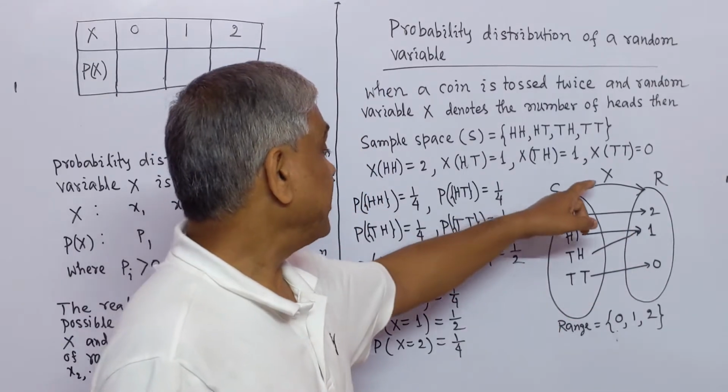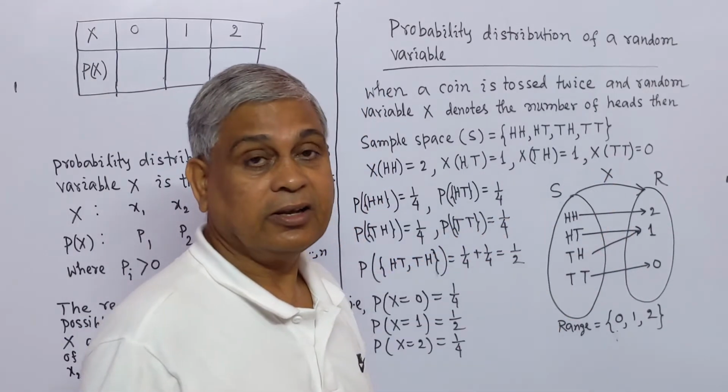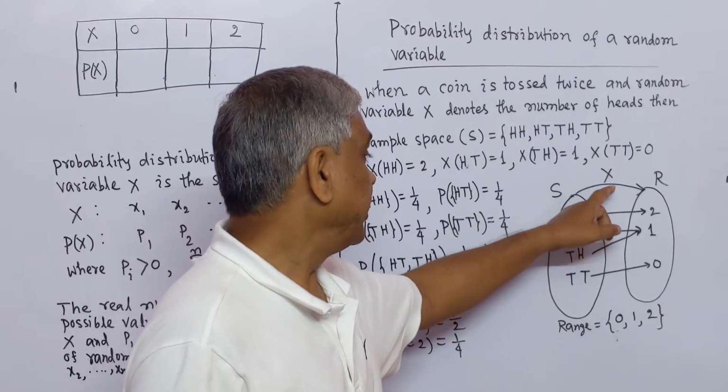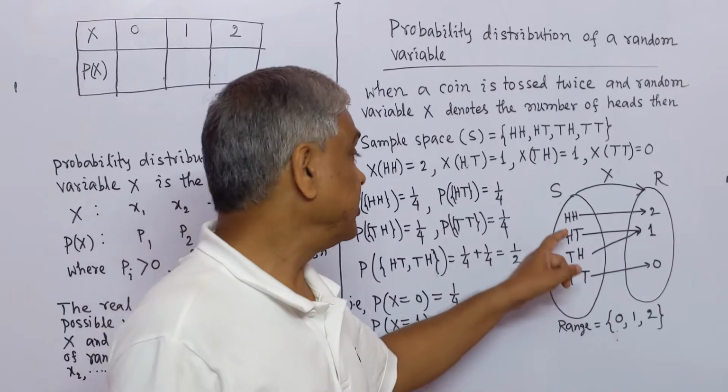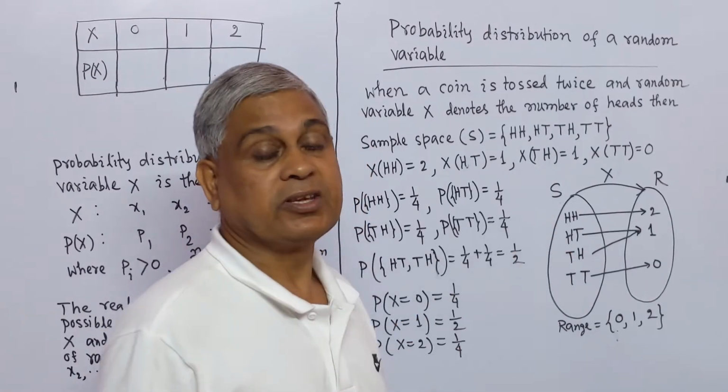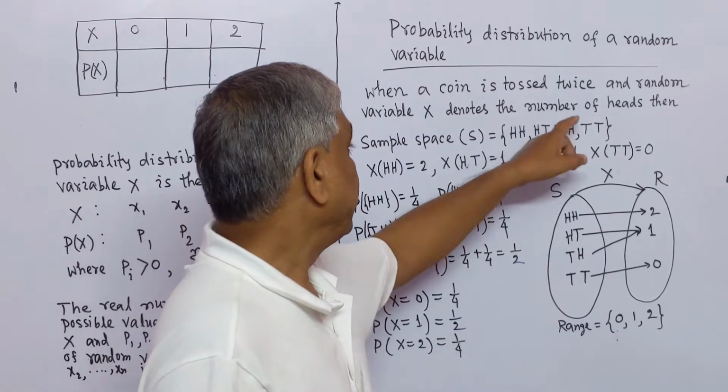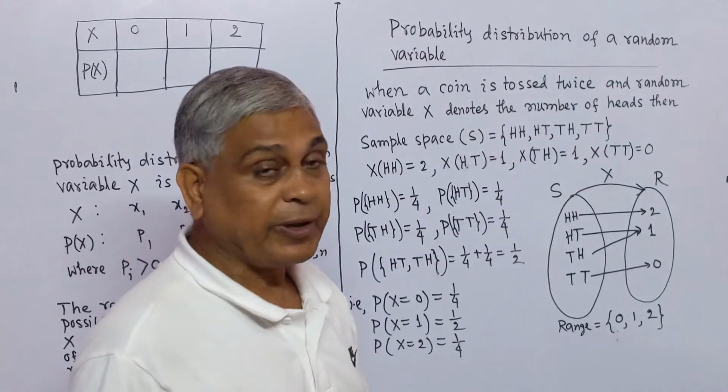Here X is a real valued function and the domain is the sample space. Here X denotes the number of heads.